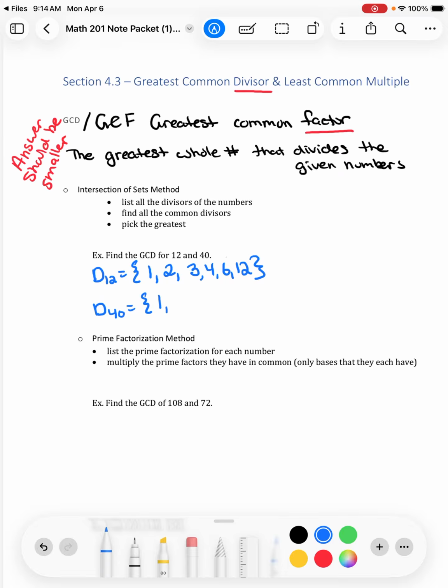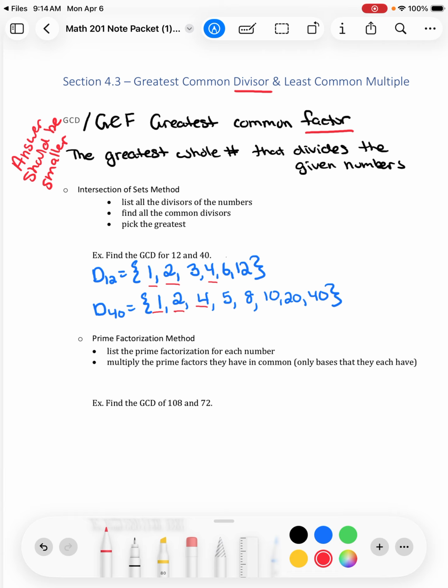1 divides 40, so does 2, 4, 5, 8, 10, 20, and 40. Those are all the divisors of 40. Now I can take my list and I can find the numbers that appear in both of them. So they both have 1, they both have 2, and they both have 4.